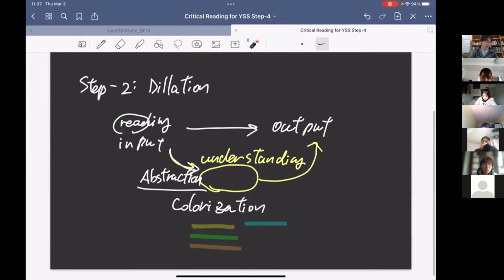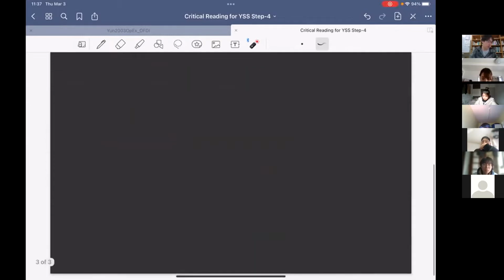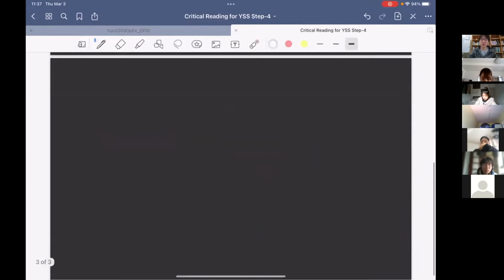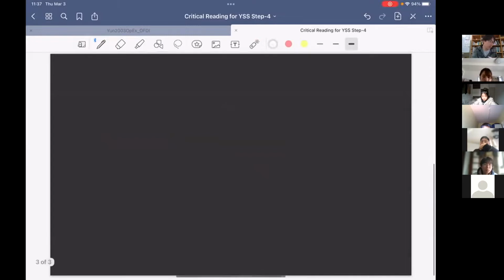Okay, so then let's see step 4 in more detail. To study abstraction, this time I'm going to stick to some technical points, the reading techniques.